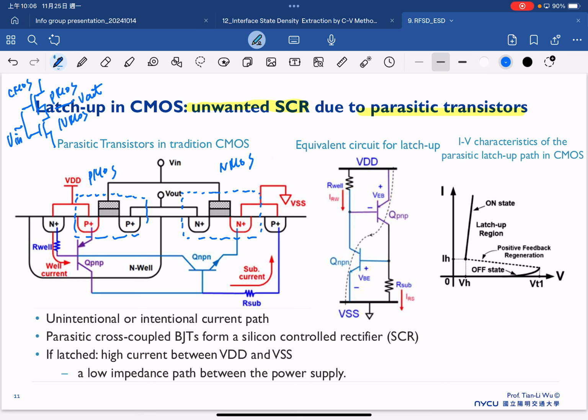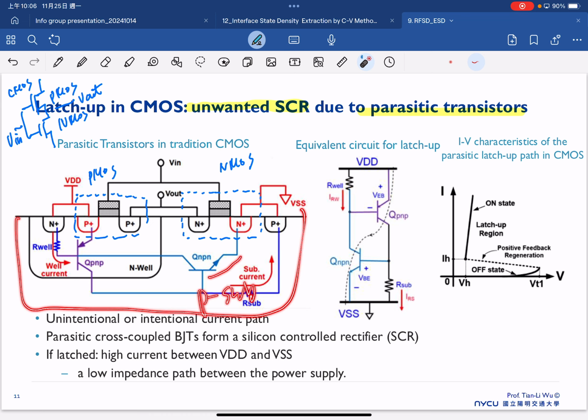But unfortunately, you can find that in the CMOS we have many PN junctions. For example, we have the NP. This is a P-type substrate. So we have a PN junction here, and this PN junction will connect to this one.